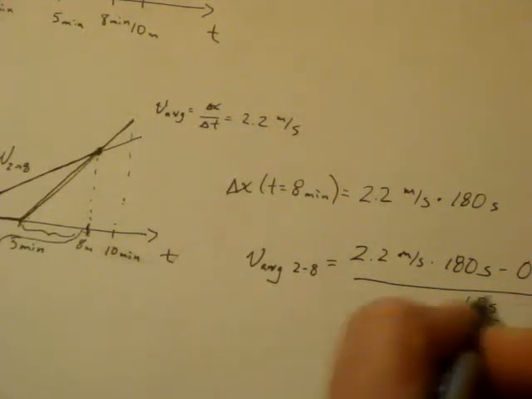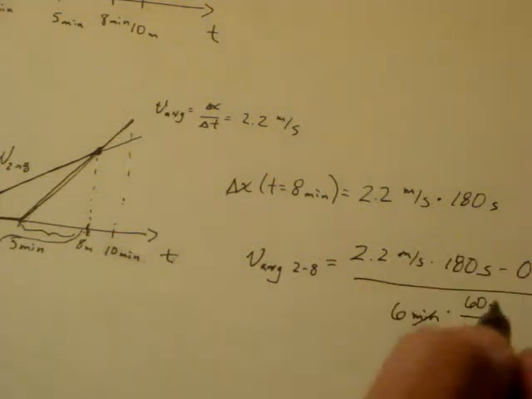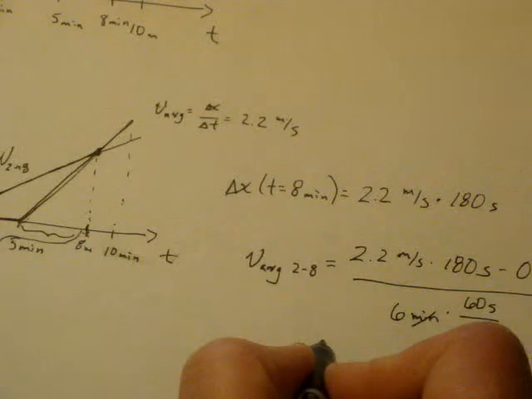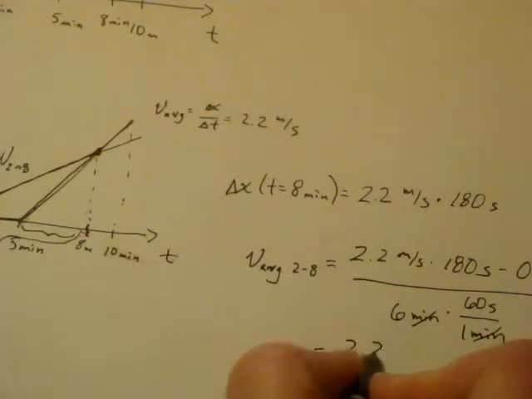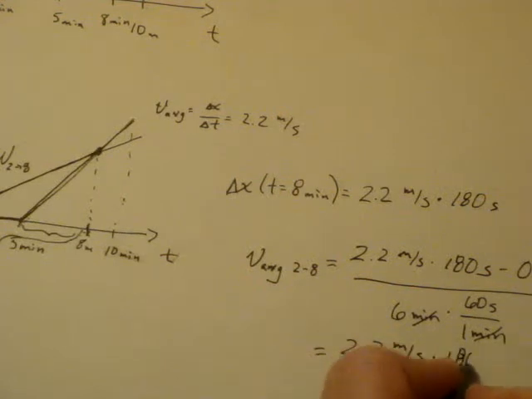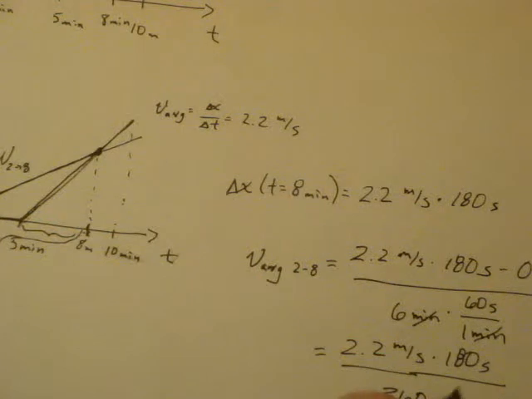Our minutes cancel out, and we know there's 360 seconds, and so we can divide through. We get 2.2 meters per second times 180 seconds divided by 360 seconds, which is really the same thing as dividing by 2. This is 180, this is 360, so this is really going to be 1.1 meters per second.